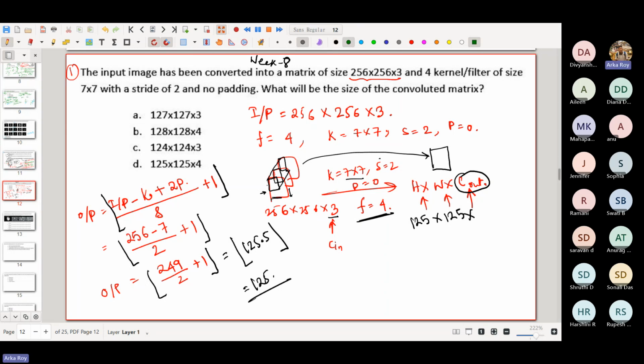Then the second filter, again a 7x7, comes into the picture. Again you have a 2-dimensional filter but your input is 3-dimensional, so your filter has to be copied to 3 dimensions. Again it has to traverse the whole input data, and then it gives the second output. Then the third filter comes, which is of 7x7 size.